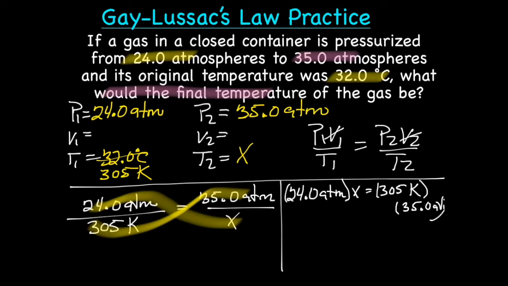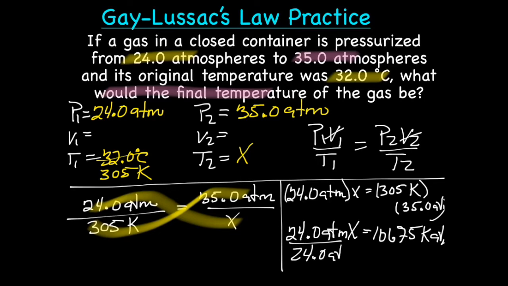All right, so let's multiply. Now we have 24 atm X equals 10675 K atm. To get the X by itself, we'll divide both sides by 24 atm.